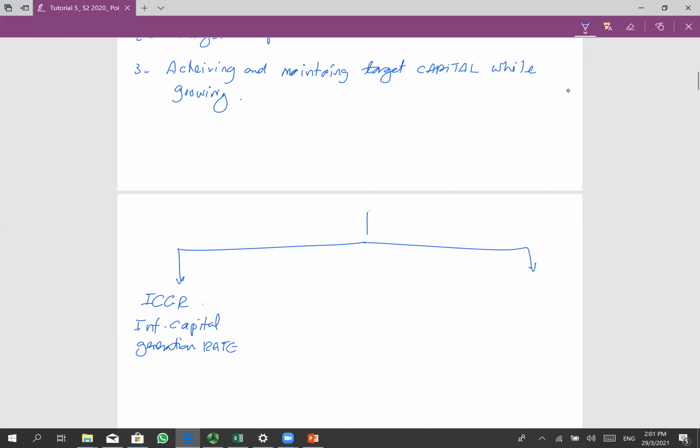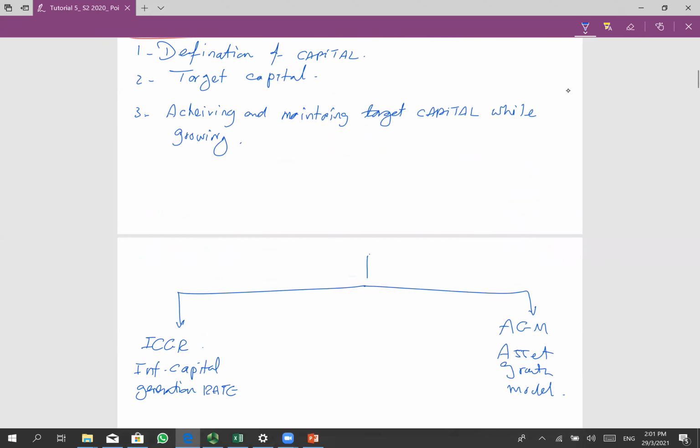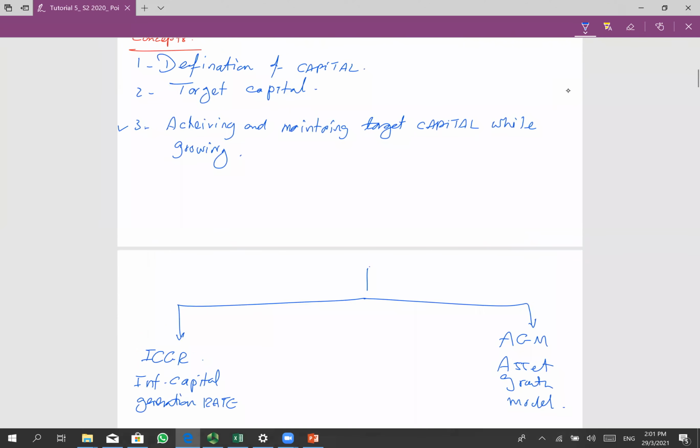And we have another one called the asset growth model. Both of them help me keep my target capital while I'm growing. This is the whole purpose of it.